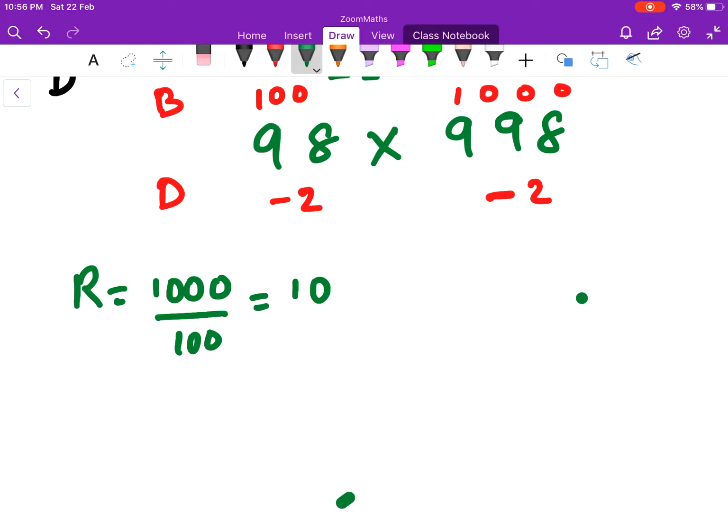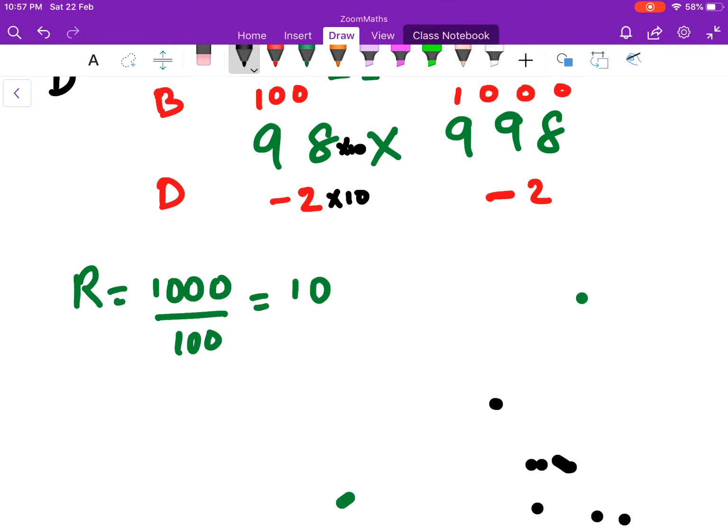What you do after that is you multiply this ratio over here. For example, you will multiply this into 10 and into 10.